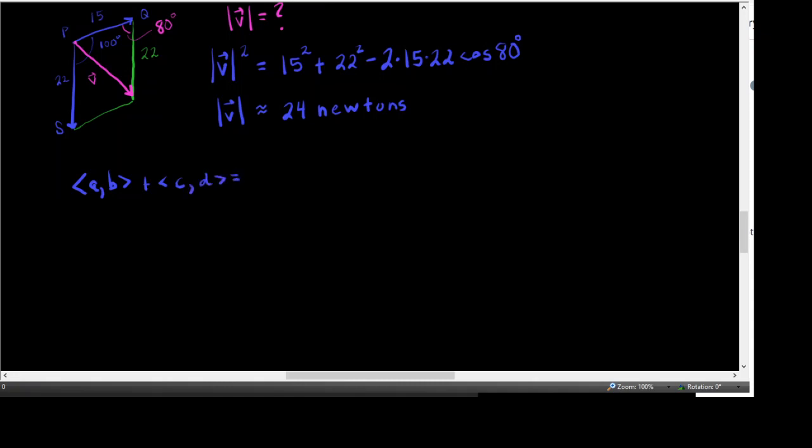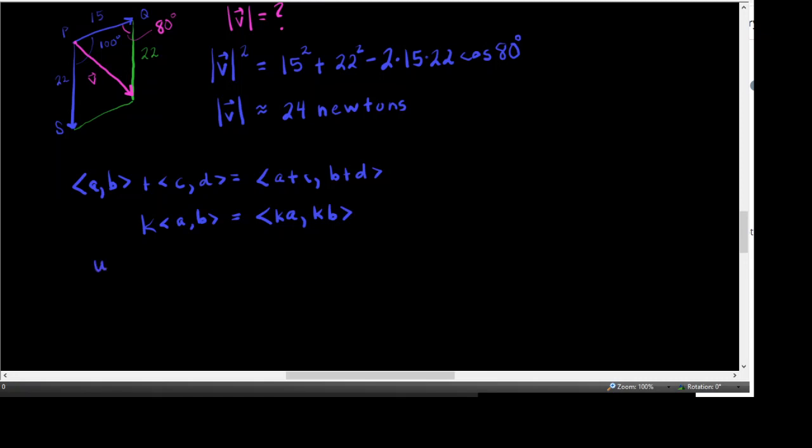Basically, think of adding the two horizontal components together to get the new horizontal component, and add the vertical components together to get the new vertical component. If you have a scalar multiple of a vector in component form, you can think of that as distribution. You're going to multiply the scalar times the horizontal component and multiply the scalar by the vertical component.